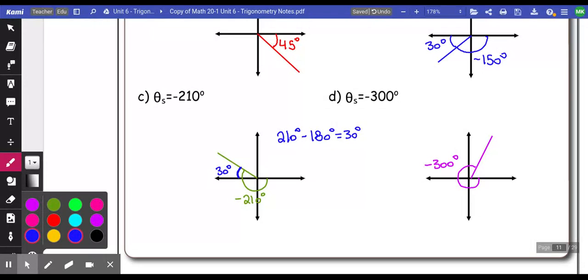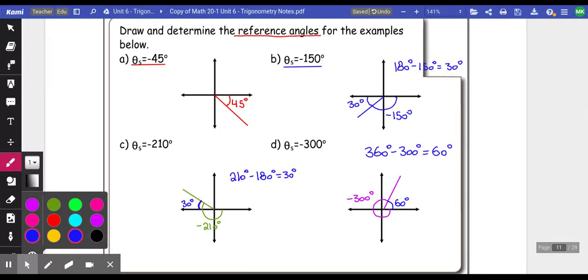The reference angle is from the arm to the nearest x-axis, and that would be 60 degrees. I got that by doing 360 degrees, subtract away that 300 degrees that we had, and it gives you the missing portion. Fantastic.